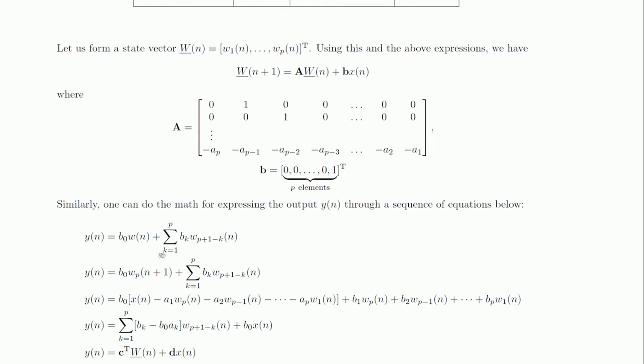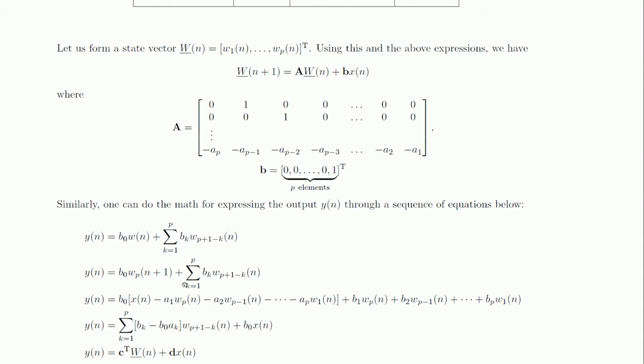Now, we do a little bit of careful math here, some simplification through algebra, which is b naught times wp of n plus 1. Recall wn is basically wp n plus 1 plus summation k equals 1 to p bk wp plus 1 minus k of n. We have this equation.